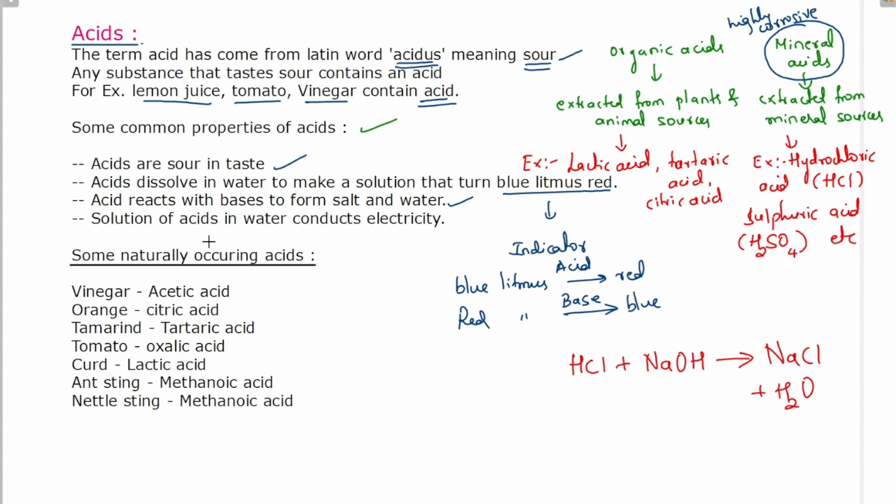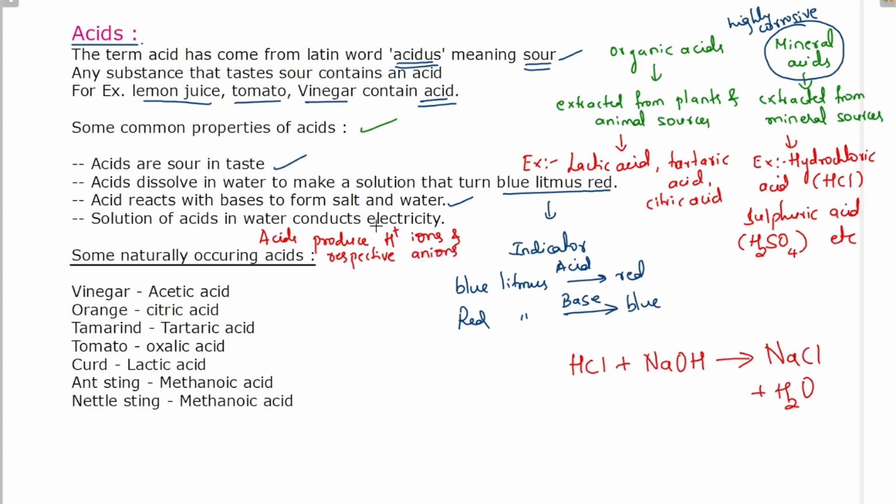Now, solutions of acids in water conduct electricity, because when the acids are dissolved in water, they form H plus ions, because acids produce H plus ions and respective anions.